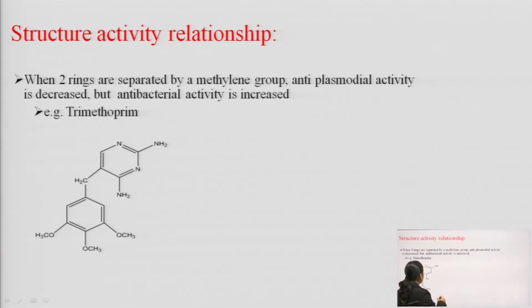Next, if these two rings, the pyrimidine ring and the aromatic ring, are separated by a methylene bridge, then we found that the anti-malarial activity against plasmodium is reduced, but the antibacterial activity is increased.